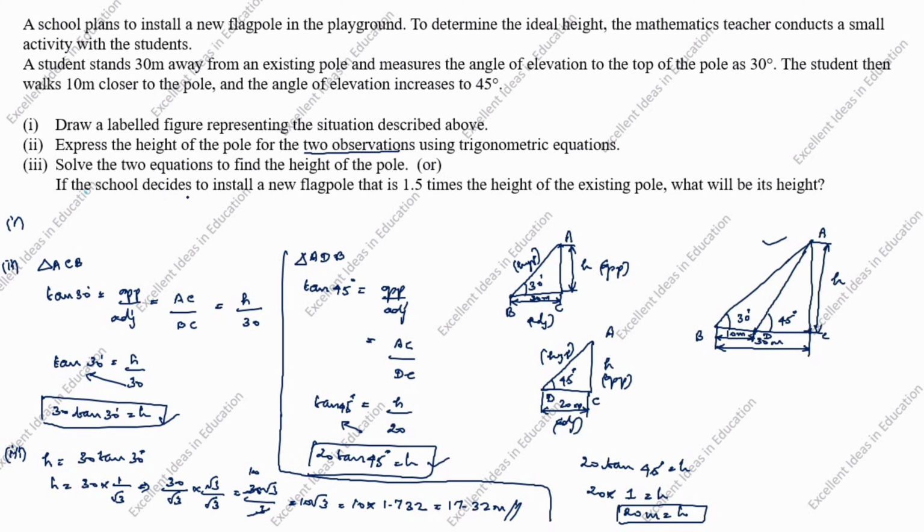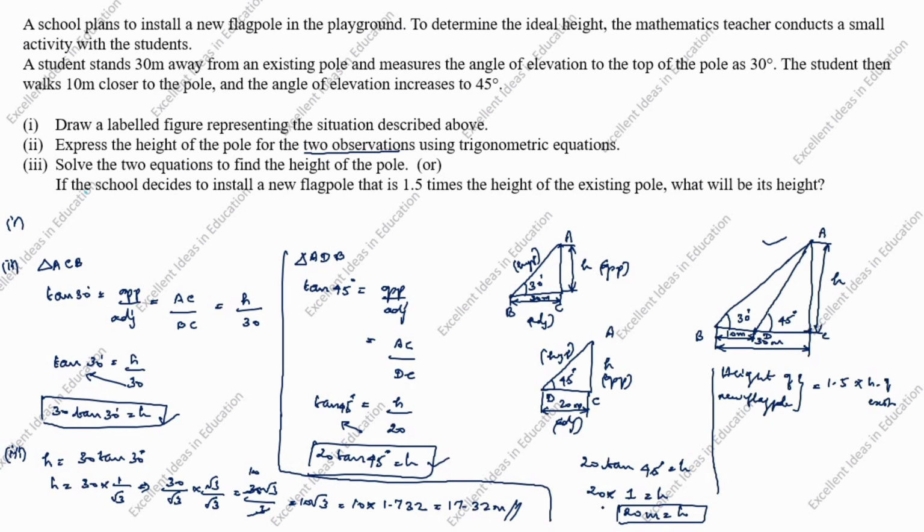Next, if the school decides to install a new flagpole that is 1.5 times the height of the existing pole, what will be its height? Next, the height of the new flagpole equals 1.5 times the height of the existing pole. So the height of the existing pole, which one will we take?